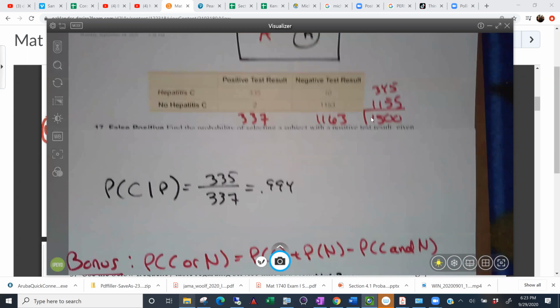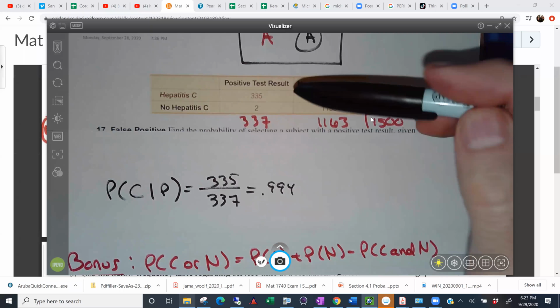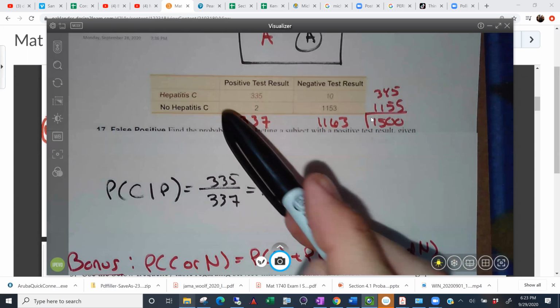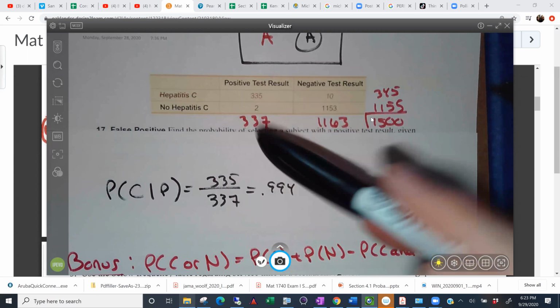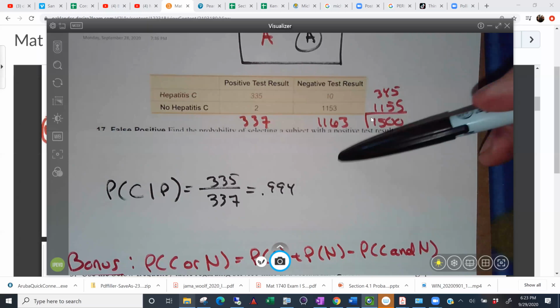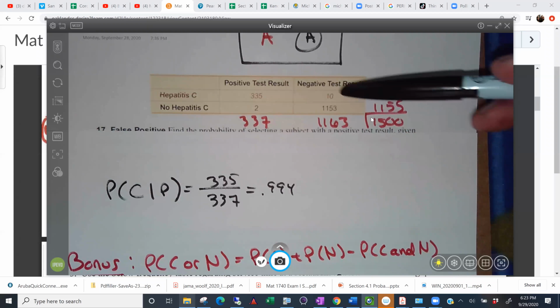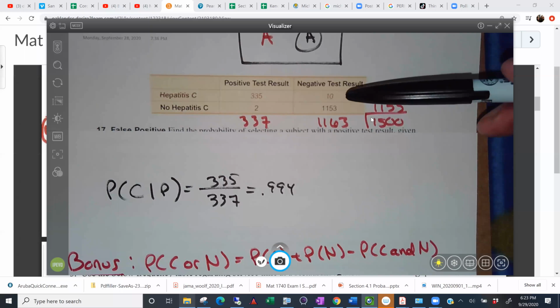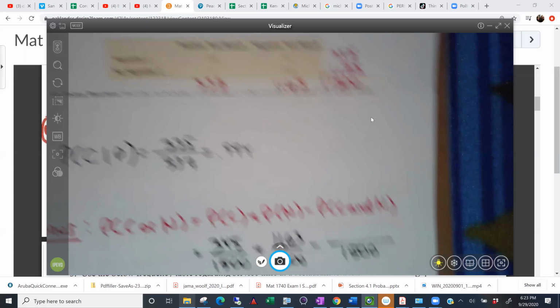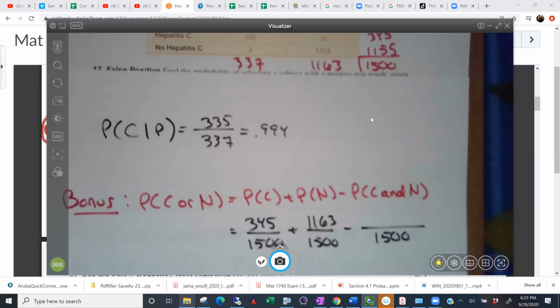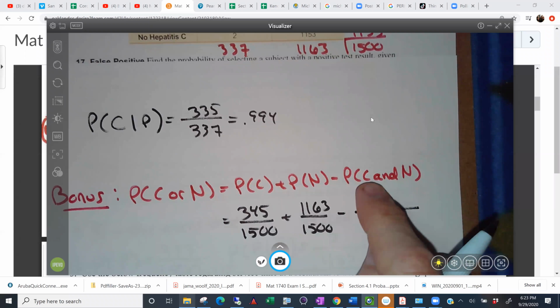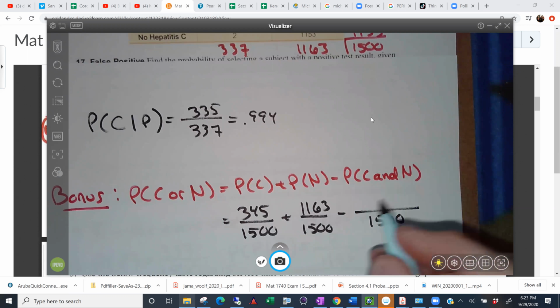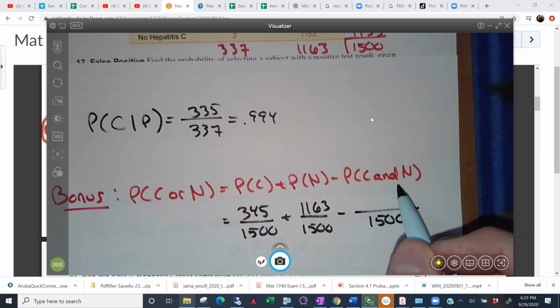If you calculate the probability that somebody has hepatitis C and then the probability that somebody tests negative, this part gets counted twice. So we'll subtract it off once, the probability of C and N. That's people who have hepatitis C and tested negative.